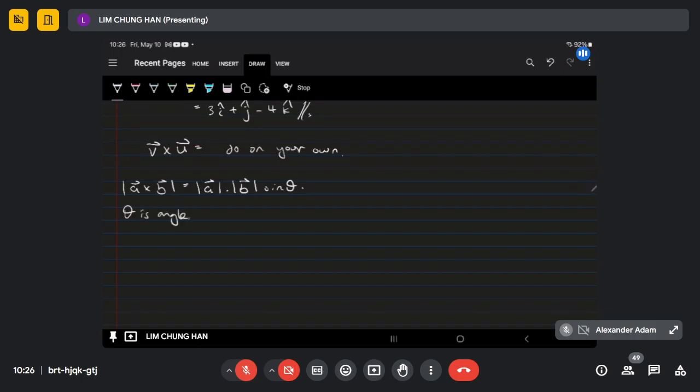You can use this formula to find angle theta, whereby theta is the angle between vector A and vector B, measured from 0 to pi.